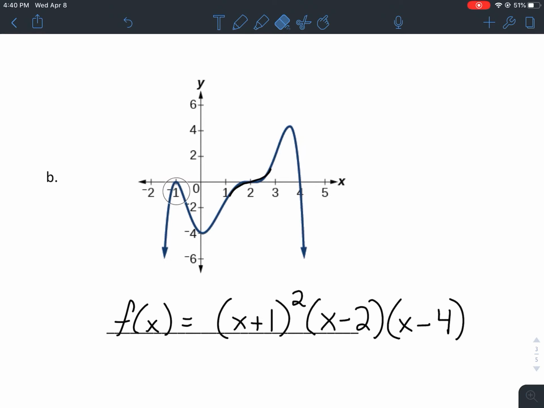The only other thing that I need to consider here is that the graph is going down to the right. Anytime a graph goes down to the right, we add a negative out front. Because remember, a negative a value shows that it's going to go down to the right. Even degree would show that they're both going down, which makes sense here because our degree would be 2 plus 1 plus 1, which would be 4, which is an even number.